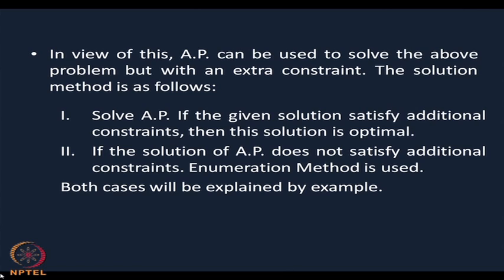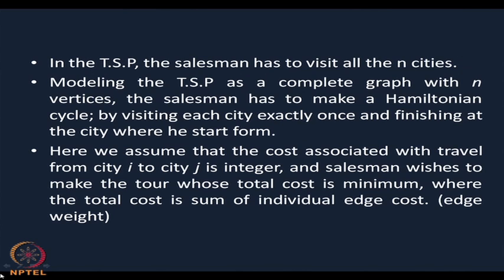Additional constraint means that from where I have started I should come back to the original starting position, or in other words it should be cyclic. So, this is the additional condition. Now, if the solution of the AP does not satisfy the additional constraint, then some enumeration method we will use. Obviously, we will explain both cases with examples.